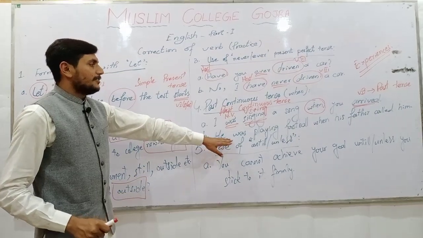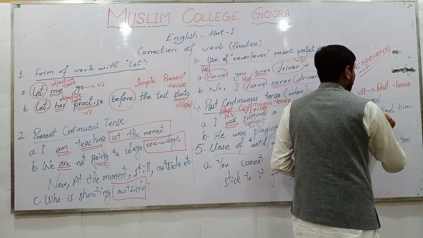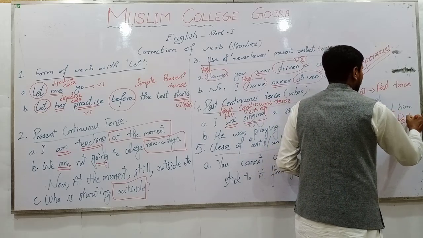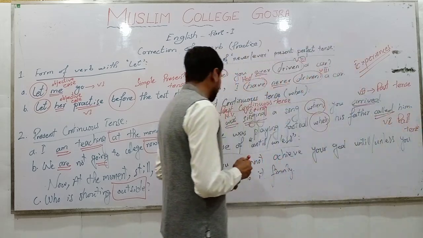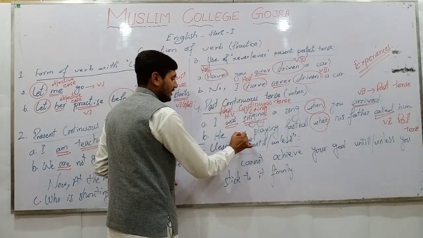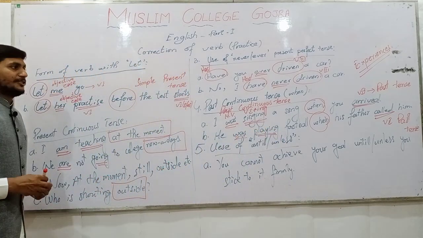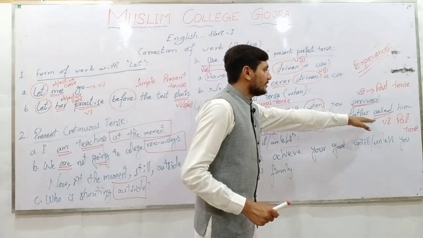He was playing football when his father called, verb's past form, past tense, and here once again helping verb plus verb's present participle form. He was playing football when his father called him.